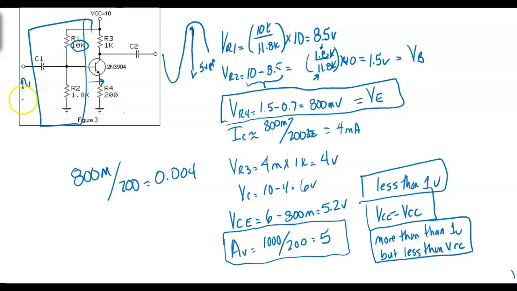I can't actually bring in 1 volt because I've only got 10 volts to work with. That would be a +5 and a -5. We've only got 5.2 volts to work with, so it would be close to clipping.